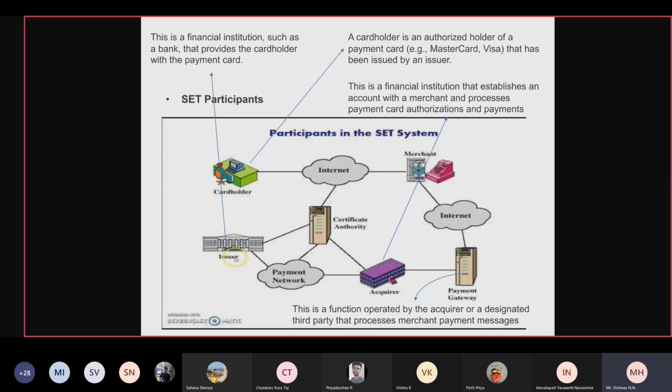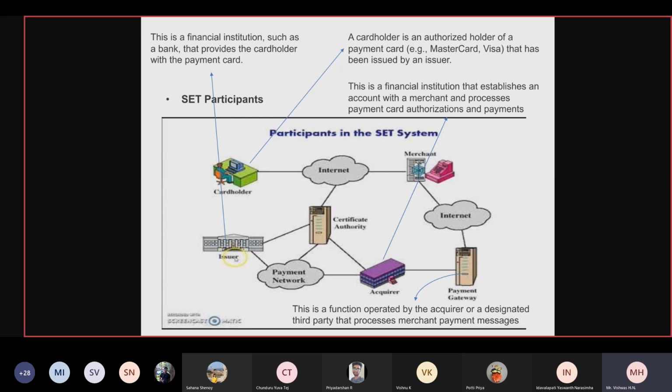Is that clear? So what is a payment gateway? This is a function operated by the acquirer or a designated third party that processes merchant payment messages. Is that clear? So it's basically a gateway to verify a merchant, whether you are giving the proper amount to the merchant. All those things, the verification process, is done in the payment gateway.